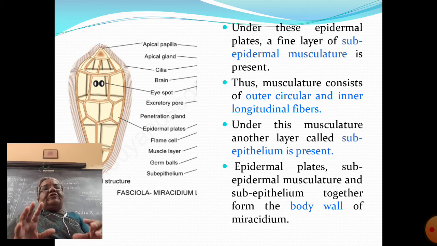All three put together form what is known as the body wall of Miracidium. Please note, right now we are studying the external features of the first larva, Miracidium, which is the first larval stage in the life history of the liver fluke.